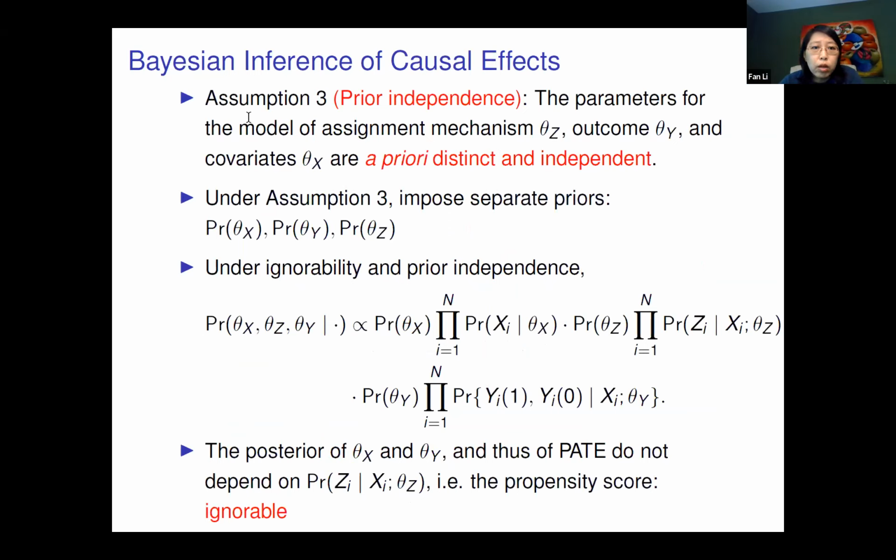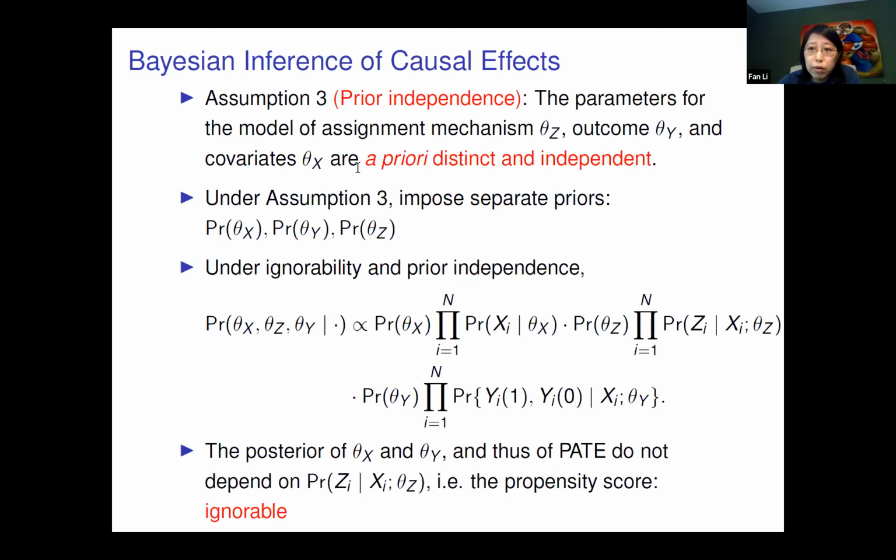If we want to do Bayesian causal inference, another big assumption you have to make, other than ignorability, is prior independence. This basically says that the parameters for the assignment mechanism model, for the outcome model, and for the covariate model, these three parameters, are a priori distinct and independent.